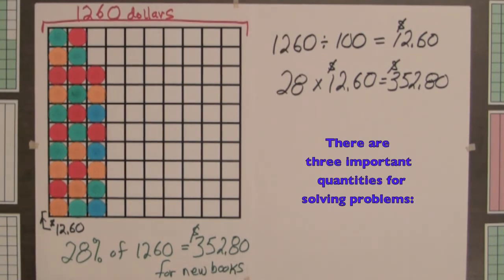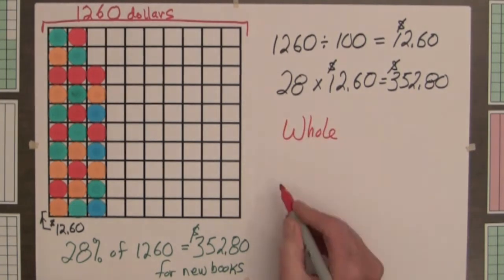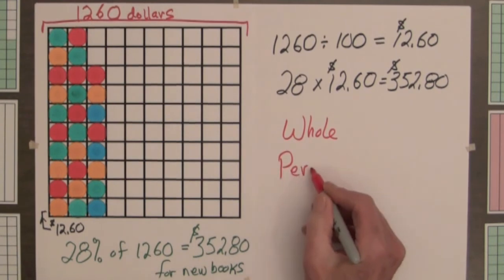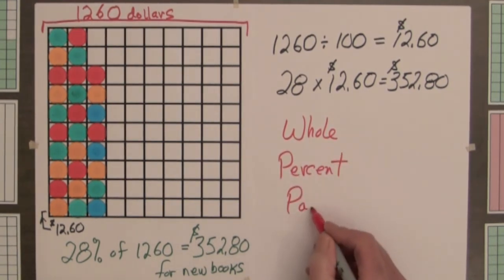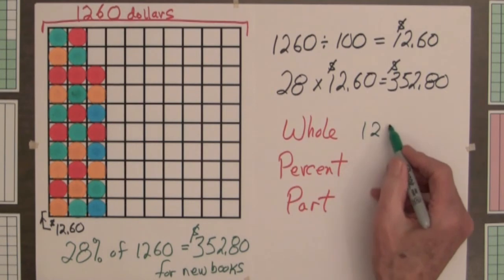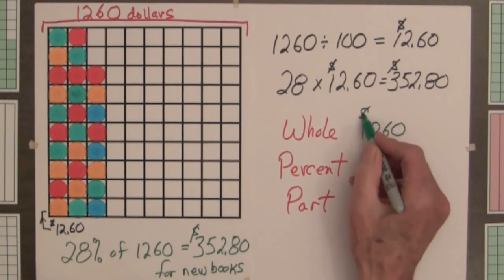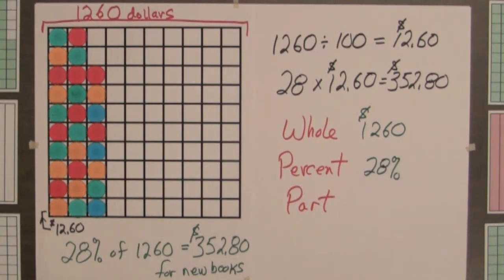In solving percent problems, there are three important quantities: the whole, the percent, and the part. In the school bake sale problem, we were given $1,260 as the whole and 28%, and we found the part.